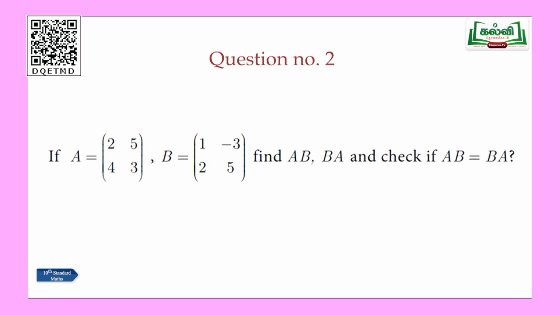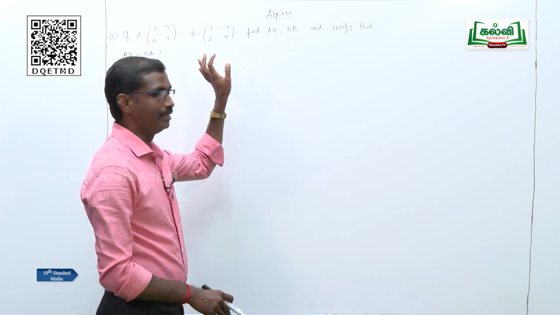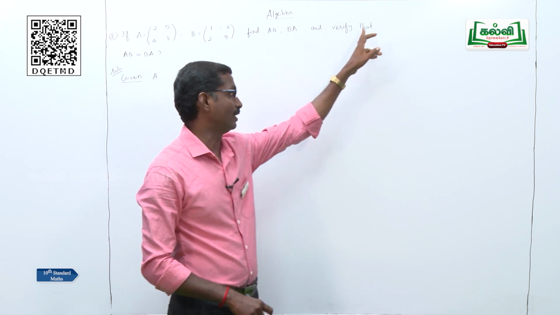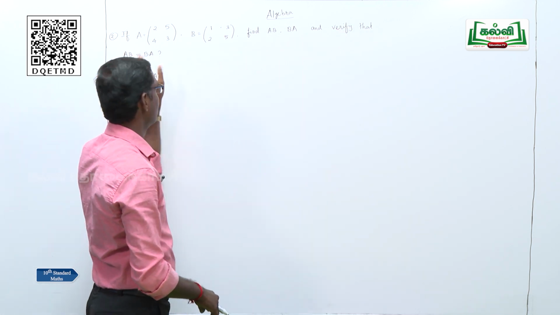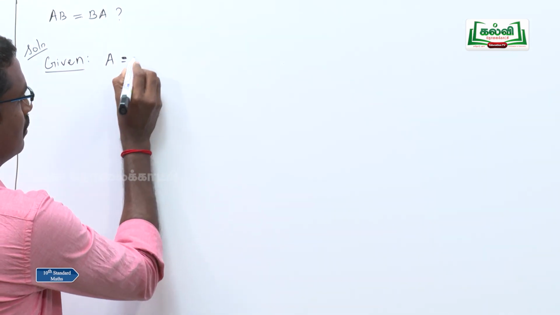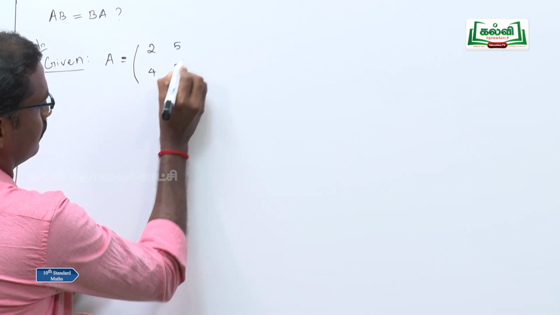Next, question number 2. If A equals [2, 5; 4, 3] and B equals [1, -3; 2, 5], find AB, BA, and check if AB equals BA. Listen, the A matrix is given and the B matrix is also given. Find AB, next BA, and also verify whether AB equals BA. Write the given matrix A: 2, 5, 4, 3.